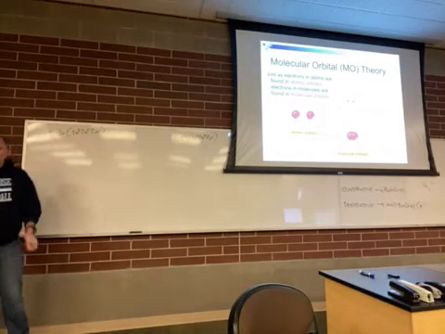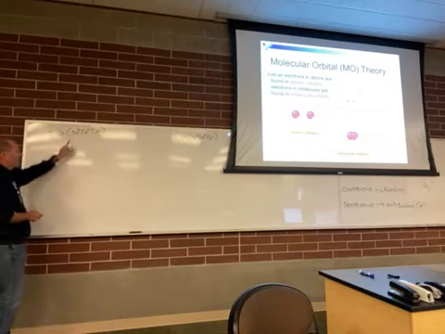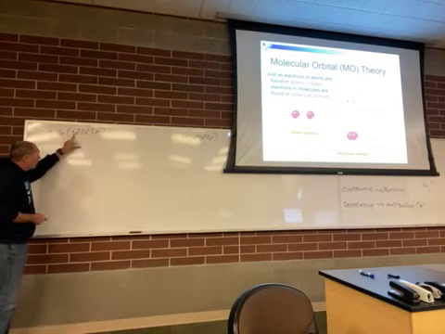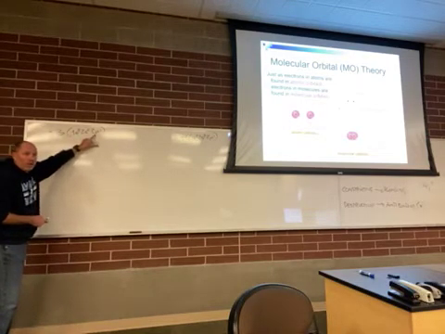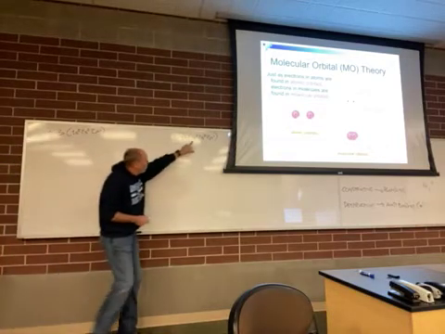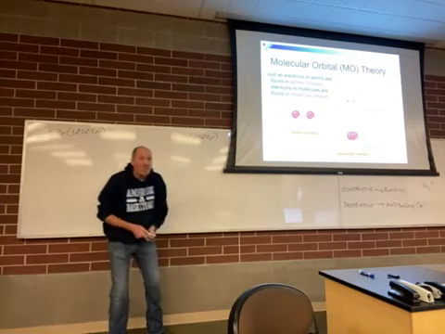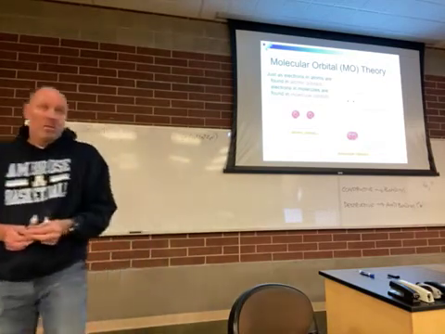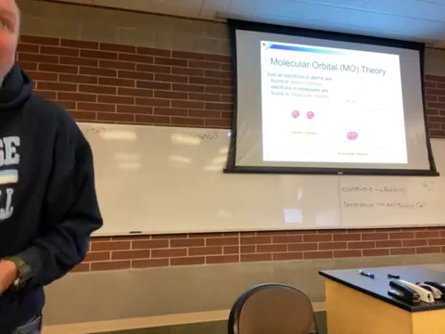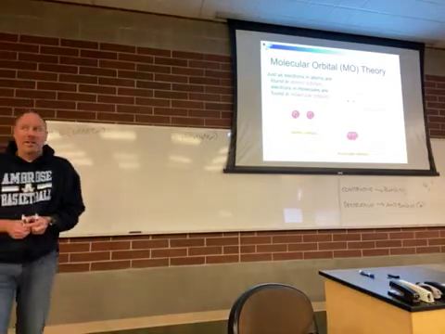Here's what happens. When I have 1, 2, 3, 4, 5 atomic orbitals, and 1, 2, 3, 4, 5 atomic orbitals, I have 10 atomic orbitals. So how many molecular orbitals do I have to have? I have to have 10.